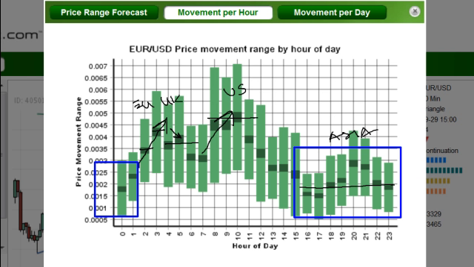To me, that's a mistake. Volatility for me, let's talk about that for a moment. In terms of the price movement, these financial center overlaps, what is volatility?